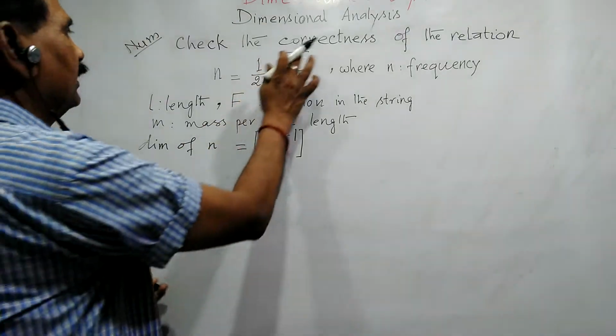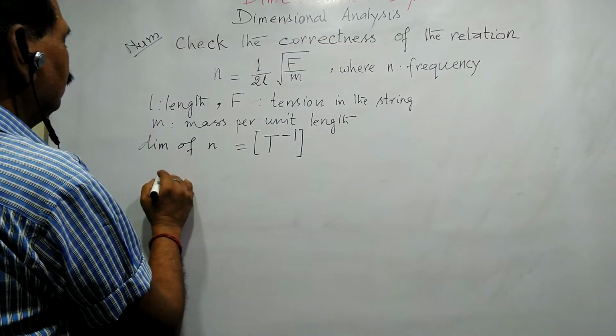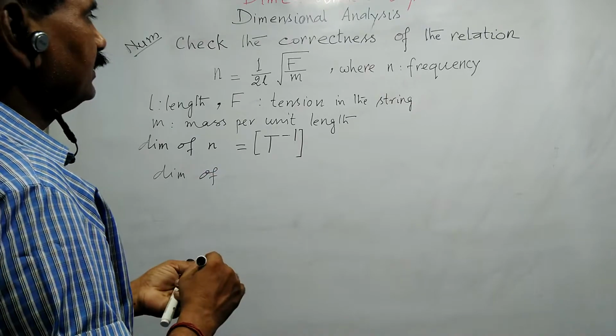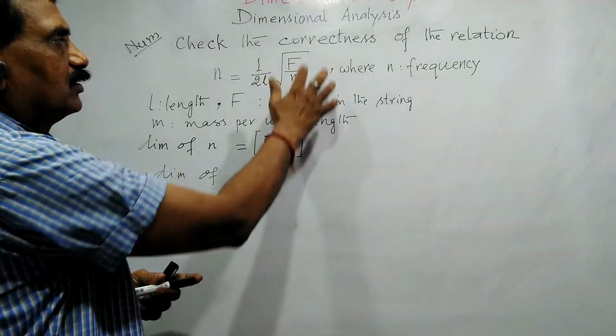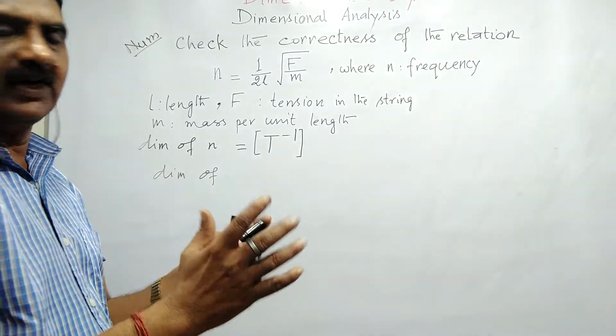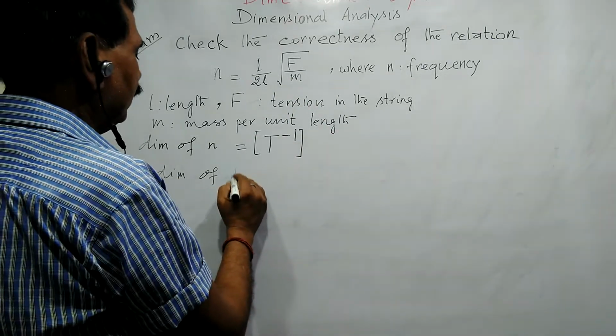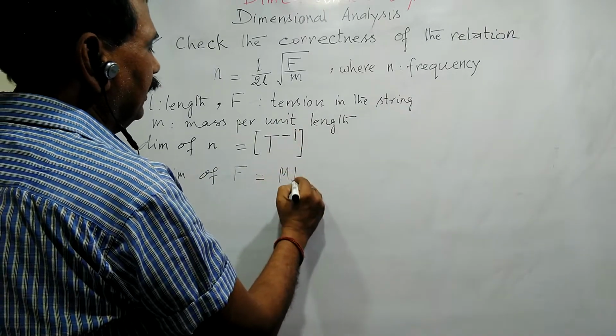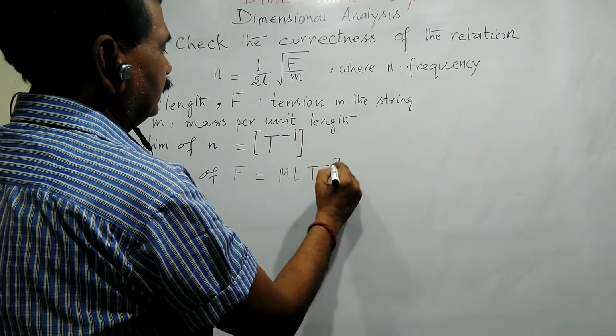Now let us come here. At first we take separately the dimension of F, dimension of m and dimension of L, then we will combine it. The dimension of F is m l t to the power minus 2.